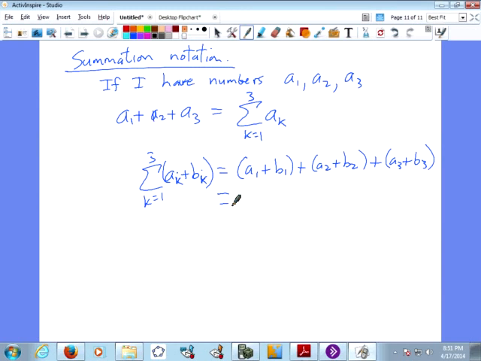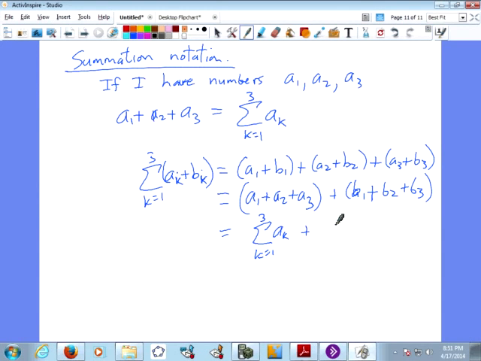That's a list of 6 numbers. That list of 6 numbers can be written in a different order. I can add all the A's, and then I can add all the B's, which would be the sum K going from 1 up to 3 of A sub K plus the sum K going from 1 up to 3 of B sub K.